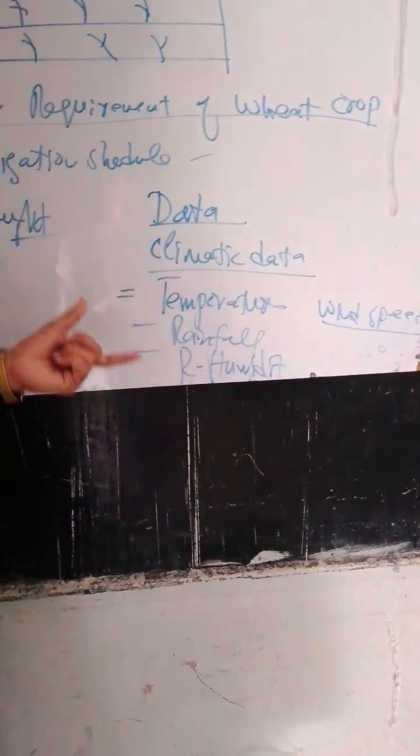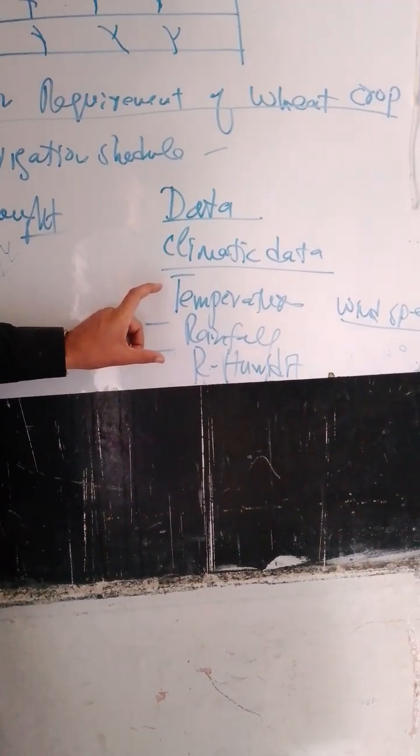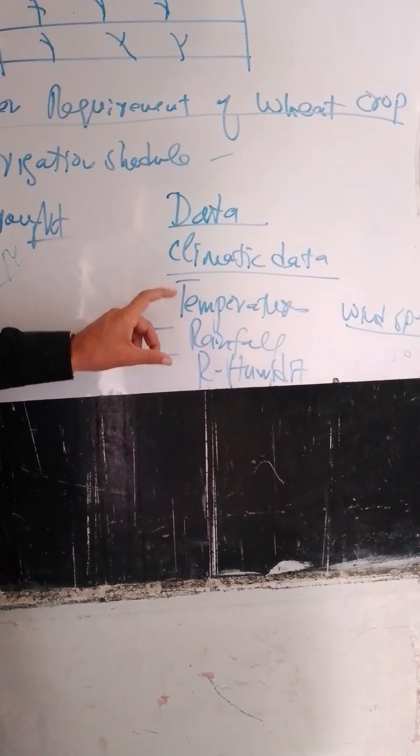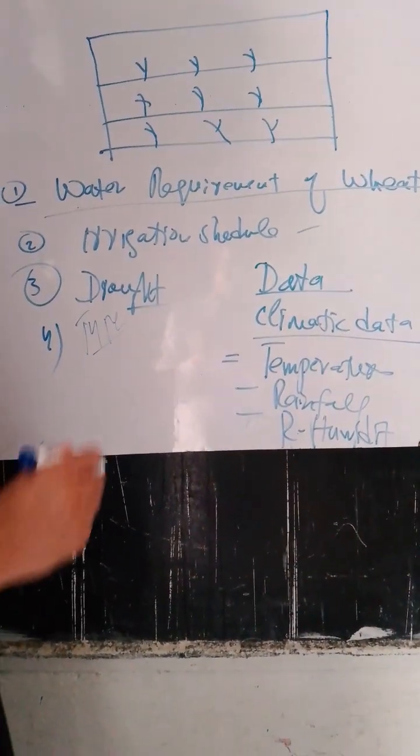This is climatic data. If you have this type of data, we can find out the crop water requirement of the wheat crop.